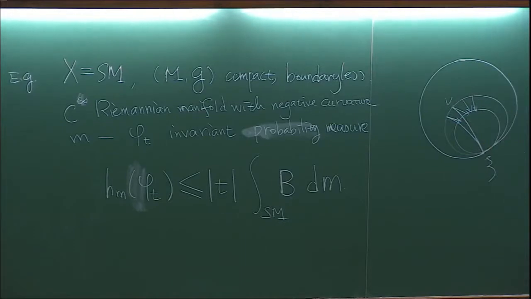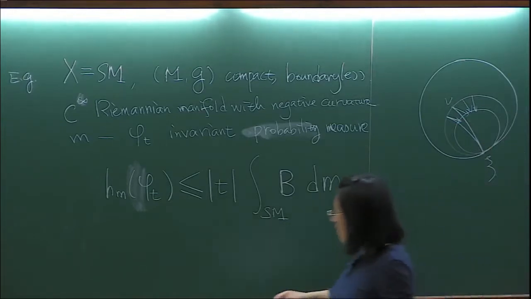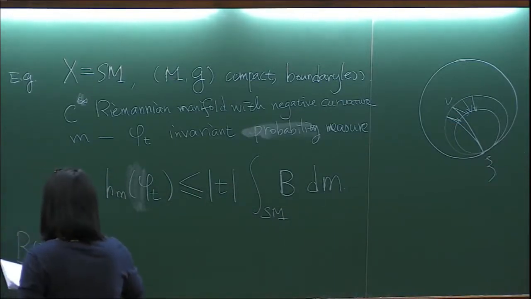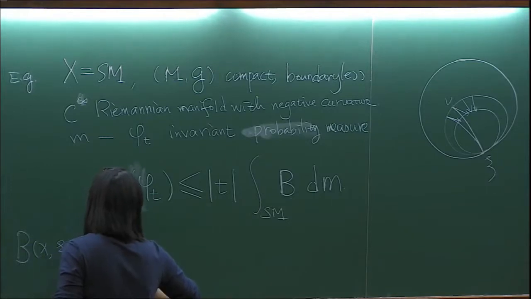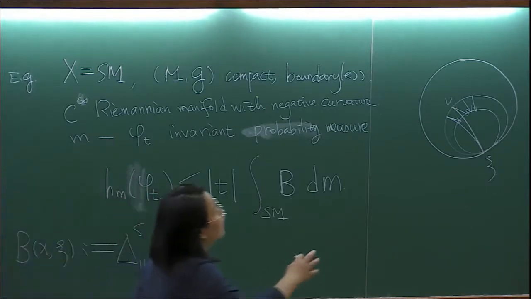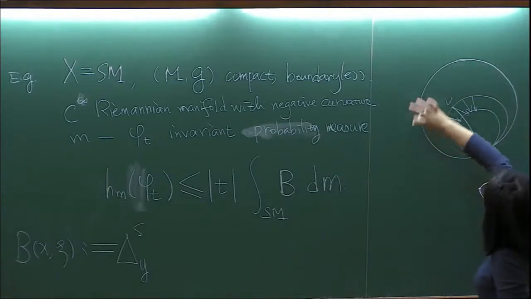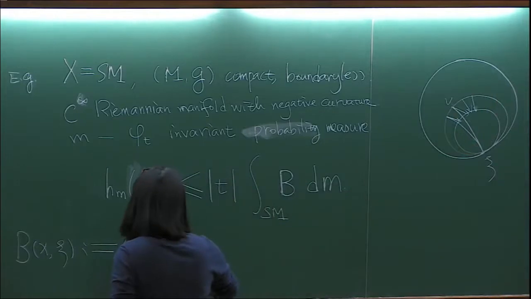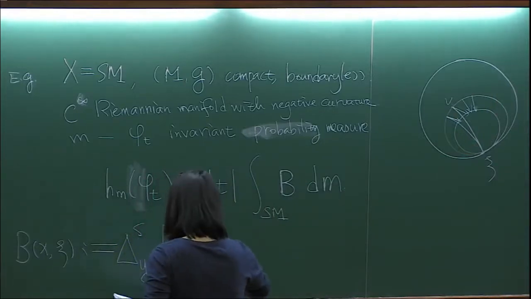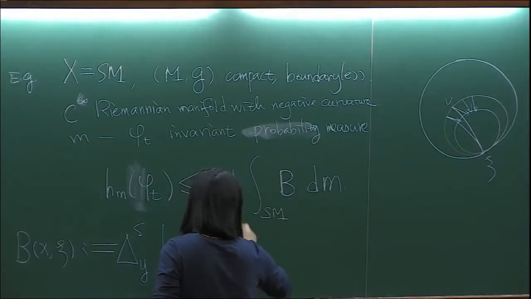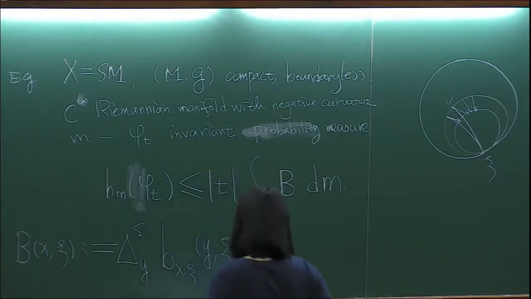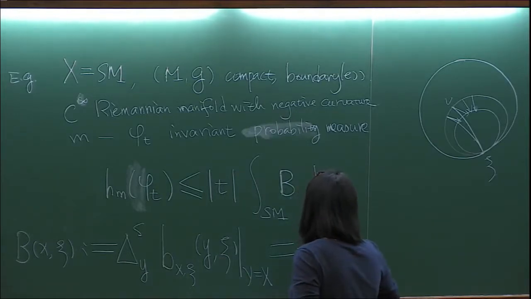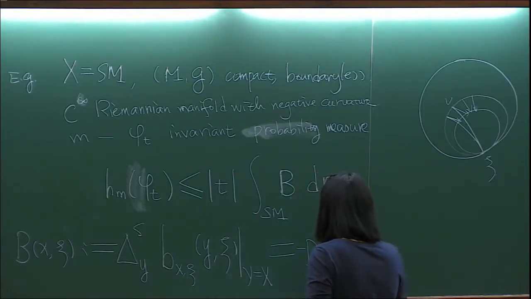If you look at it this way, then what is the B here? Yesterday I put it here, Bxc. This is the Laplacian along the weak stable foliation of this Busemann function, which is minus the divergence of the geodesic spray.